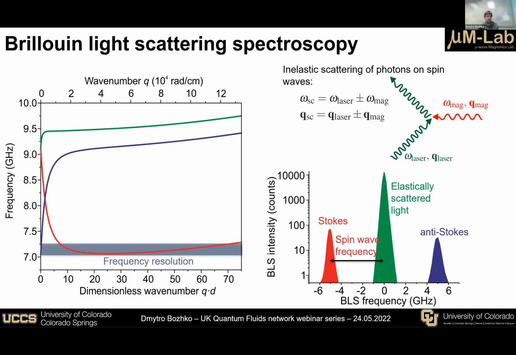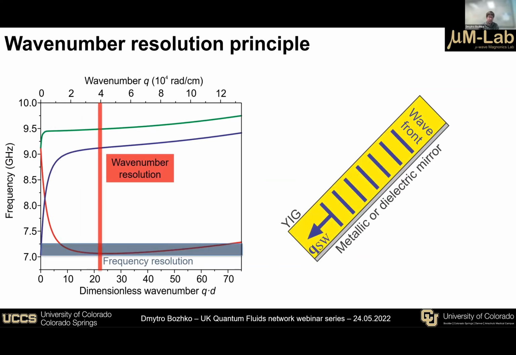But in order to detect purely the condensate, we need to beat this wave vector uncertainty, and to do that, we use wave vector resolution. We utilize the backscattering geometry with a reflector beneath the sample.